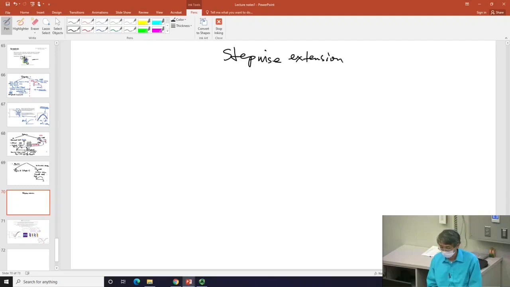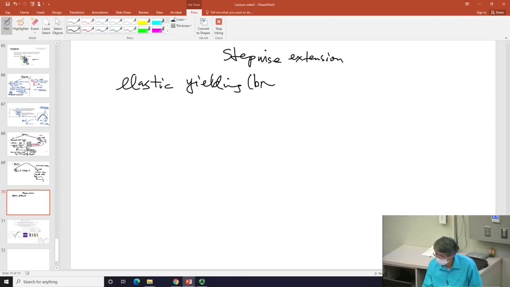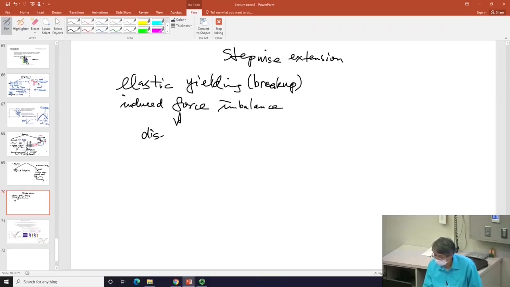You may use the same word, that will produce elastic yielding or elastic breakup because of induced force imbalance. That leads to disentanglement. And that disentanglement will produce a winner, no matter what, because it's extension.